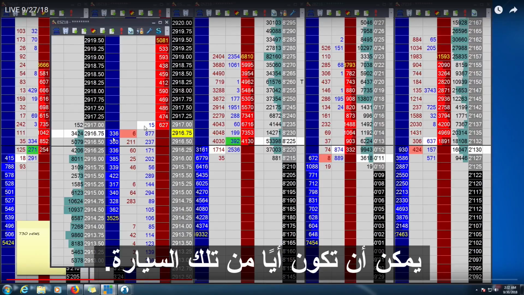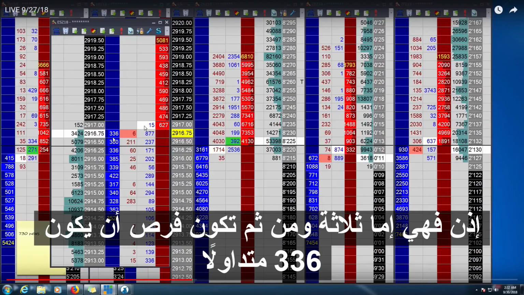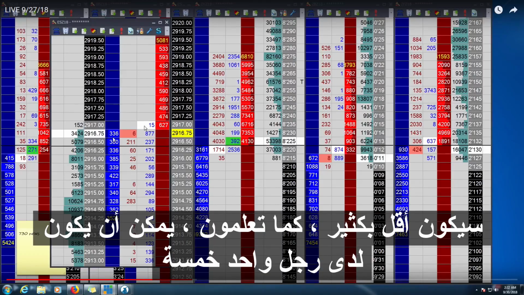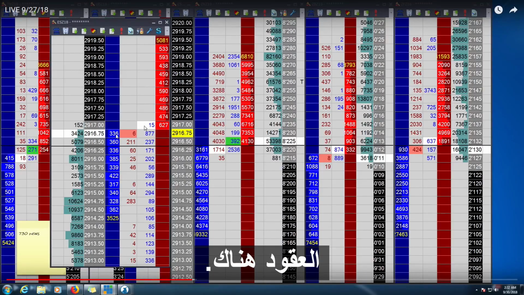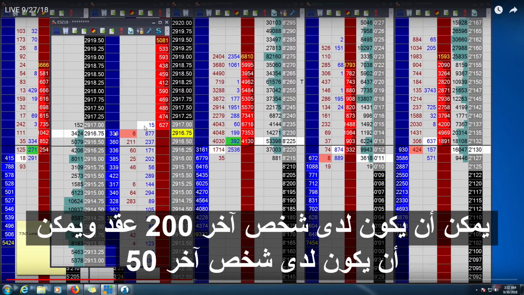It could be any combination. The chances of it being 336 traders is slim. One guy could have 5 contracts in there, another guy could have 10, another guy could have 200 contracts, another guy could have 50.